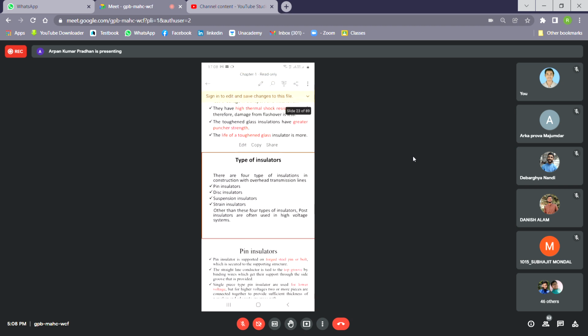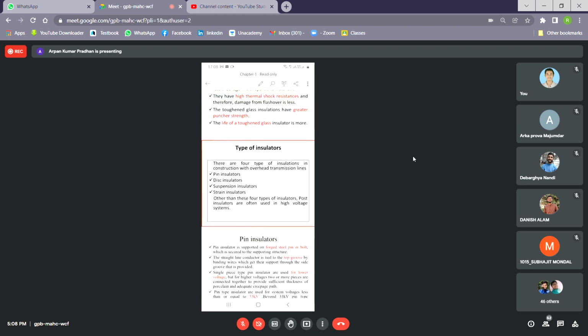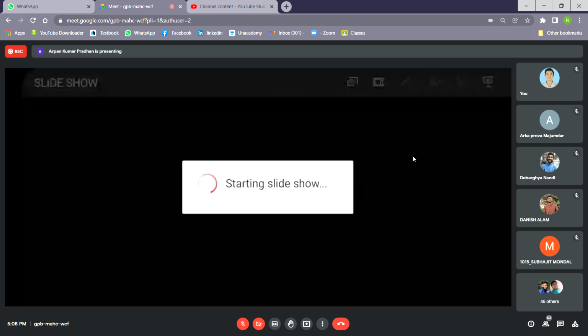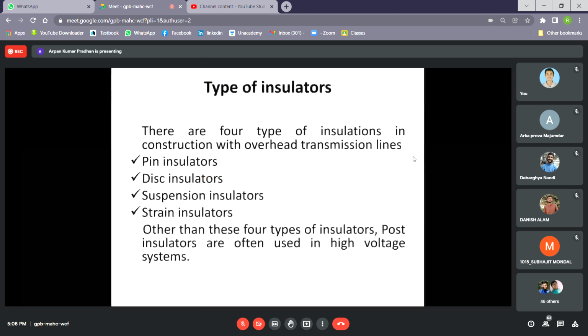In the pin insulator, at the lower portion there is a metal rod connected to the cross arm, and at the upper portion there is a groove through which the transmission line conductor passes.